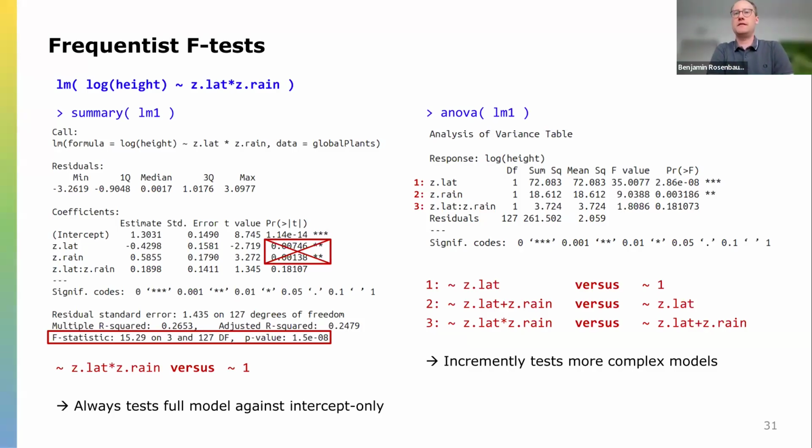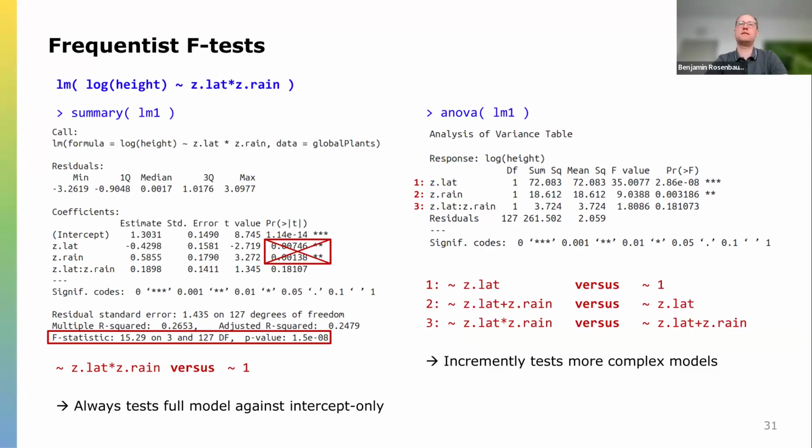So the first F-test is the latitude model against just the intercept model. Then the second line tests if you should include rainfall. So it tests the latitude plus rainfall model versus the only latitude model, and so on. And you get your F-tests, your p-values there.